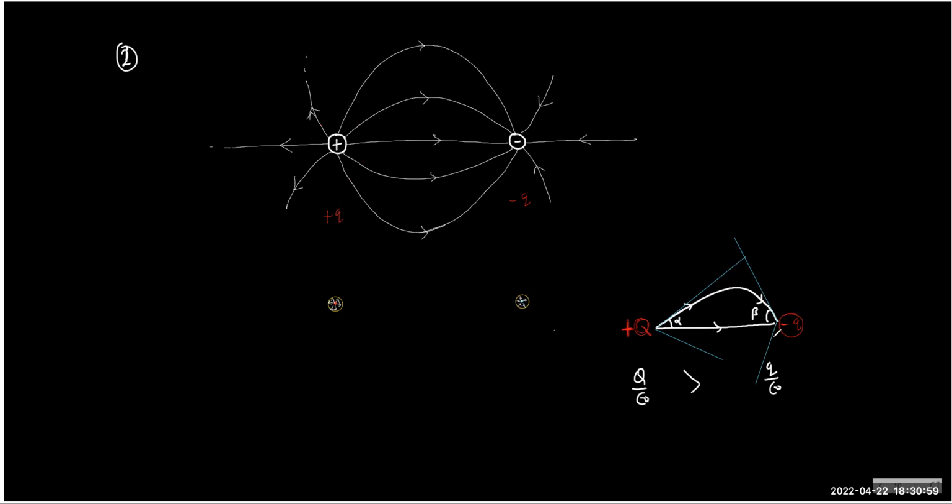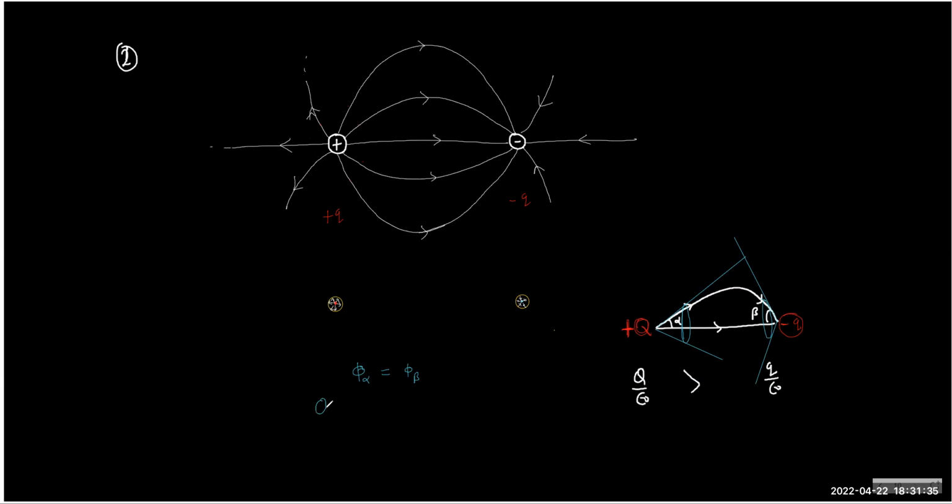So if I want to establish a relation between alpha and beta, then can we say the flux through the alpha angle must be equal to the flux through the beta angle for the small charge? And we know the formula for how to write it.